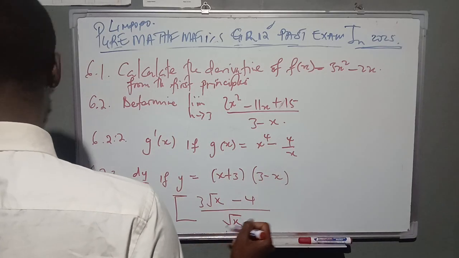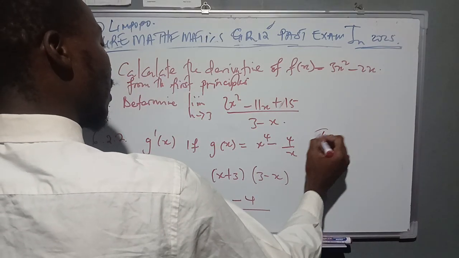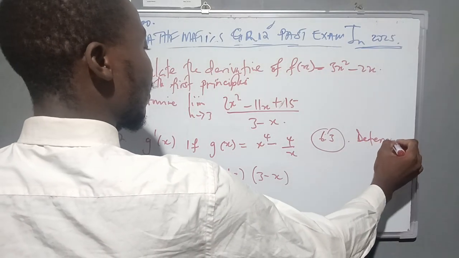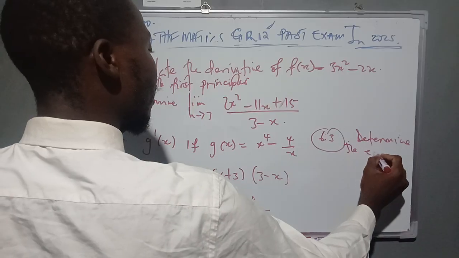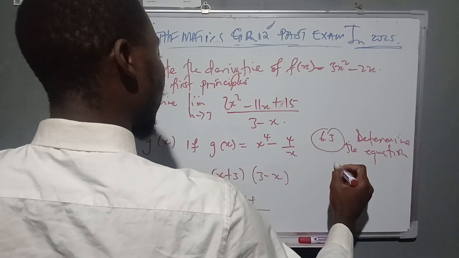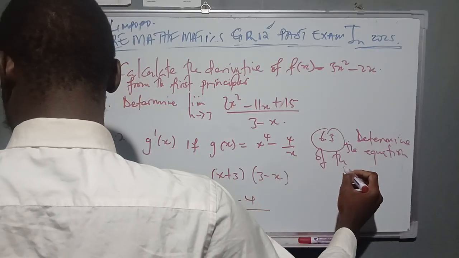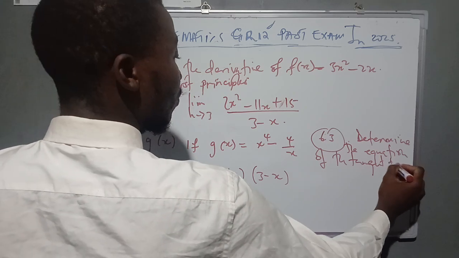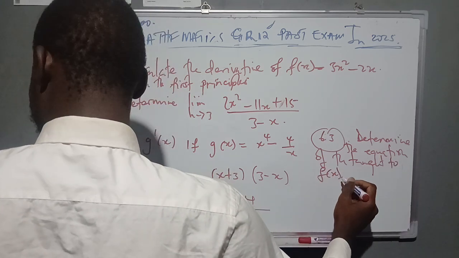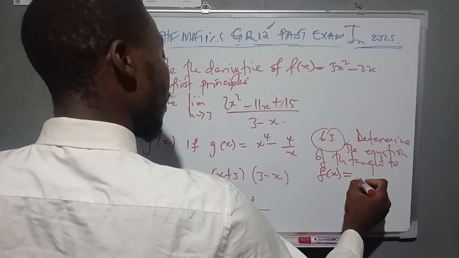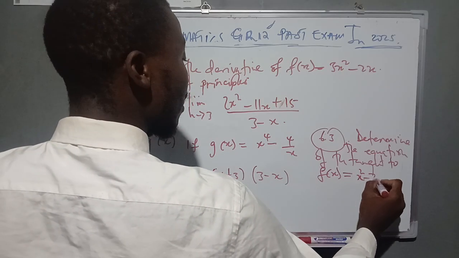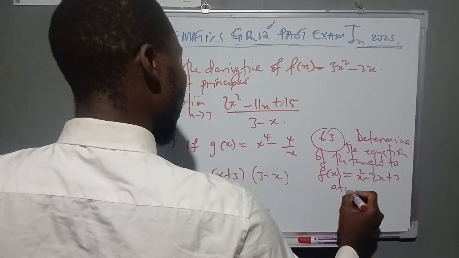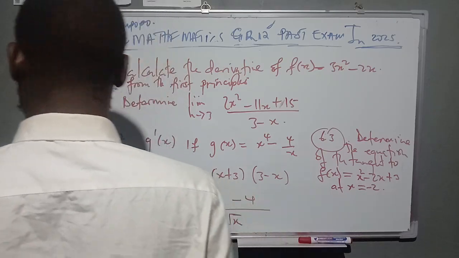Alright, then the last part was 6.3, that was saying determine the equation of the tangent to f of x equals x squared minus 2x plus 3 at x equals minus 2.